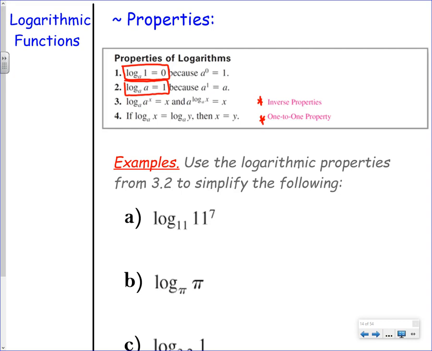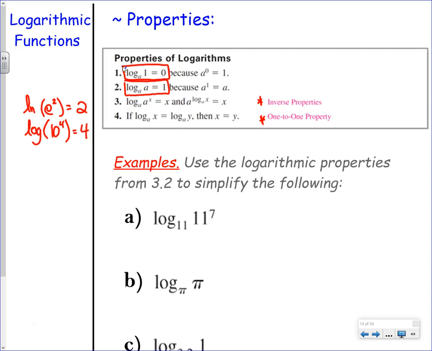Okay, for numbers 3 and 4. It's a little hard to see, and we'll talk more about this as we go further on. But logarithms and exponentials are inverses of each other for the very reason that you saw when I plugged in something like ln of e squared and the answer was 2, or log of 10 to the 4th, the answer is 4.